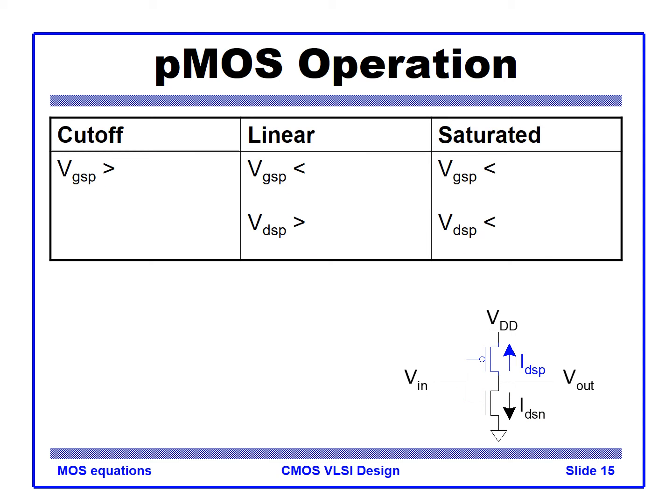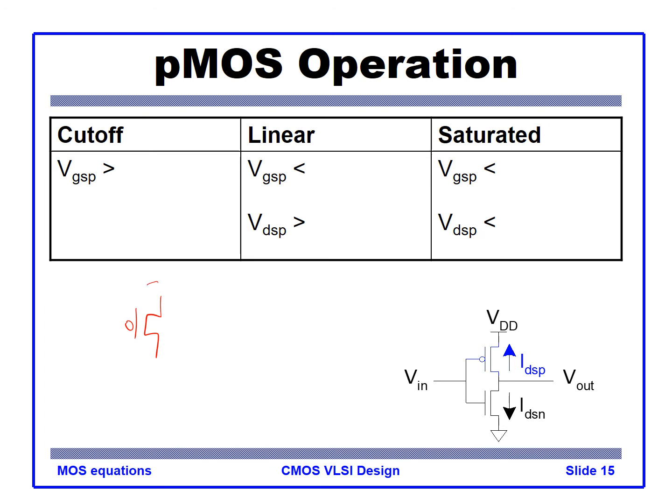PMOS operation. PMOS is always confusing for most students because the gate voltage relationship and the threshold voltage are quite different. The threshold voltage is a negative voltage, and VGS follows a different convention.